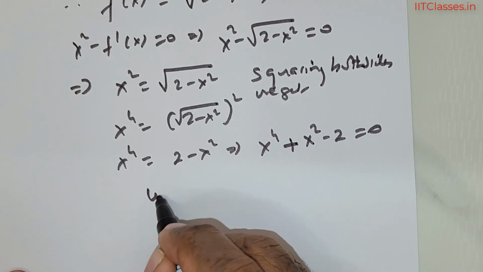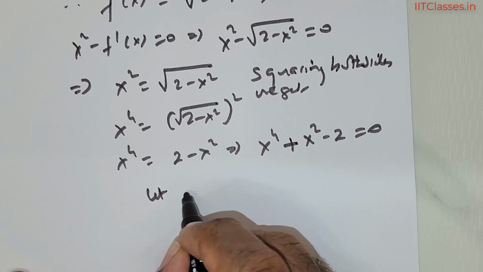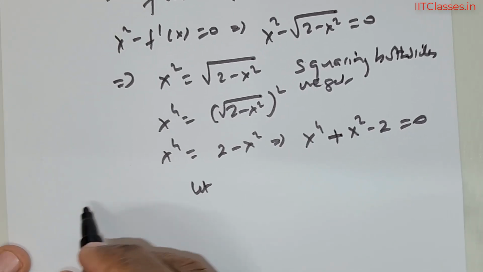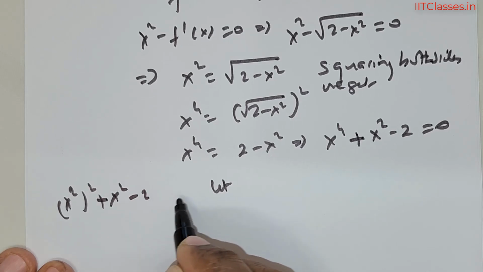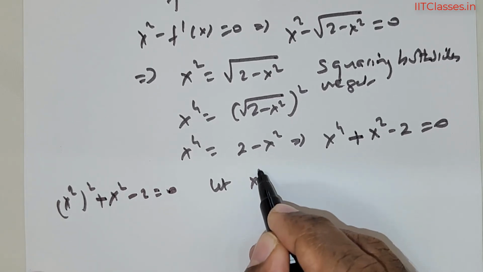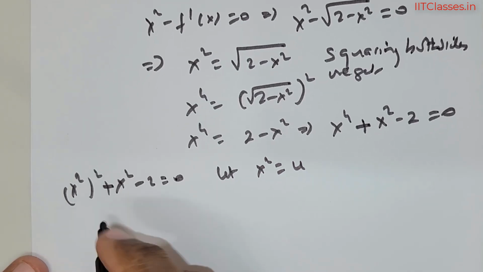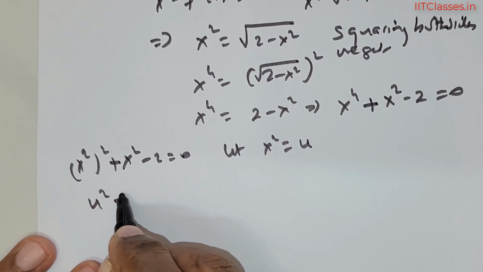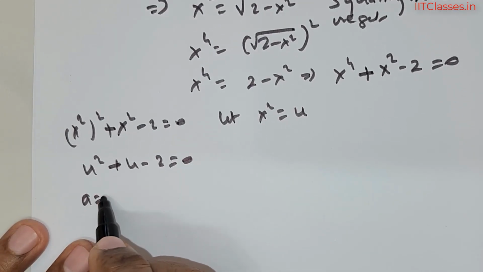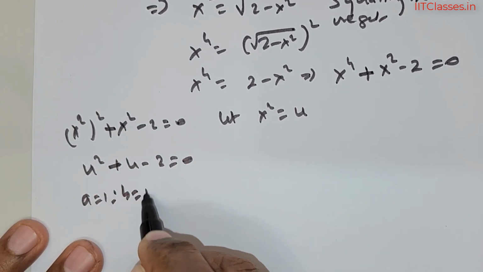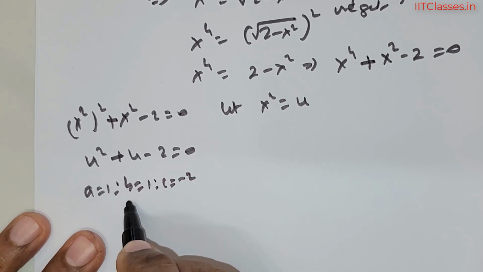Now if you want, you can just rewrite this as x squared raised to the power of 2 plus x squared minus 2 is equal to 0, and then you take x squared is equal to u. This will become u squared plus u minus 2 is equal to 0. Use the quadratic formula. a is equal to 1, b is equal to 1, c is equal to minus 2.